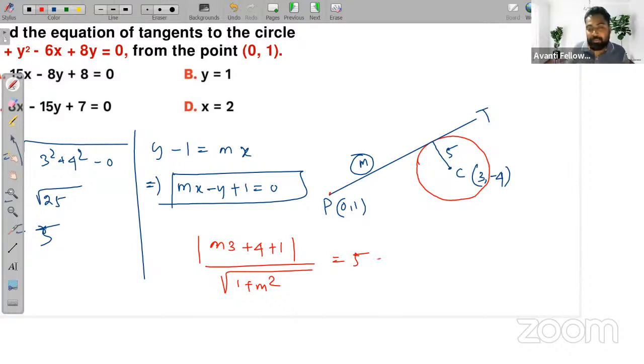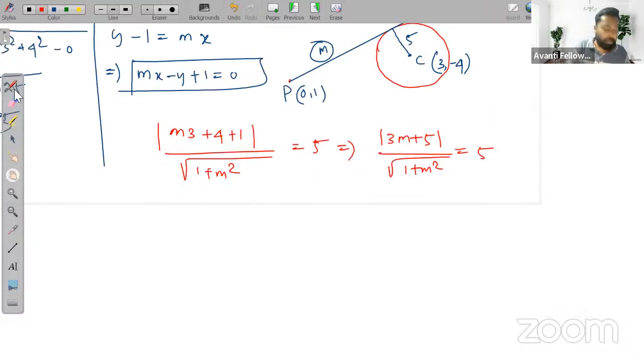If we solve this equation, 3m plus 5 mod on root of 1 plus m square is equal to 5. We'll get two equations, because when we open the modulus, it opens with plus and also with minus. Then we get m as 0, and another m is equal to 15/8.